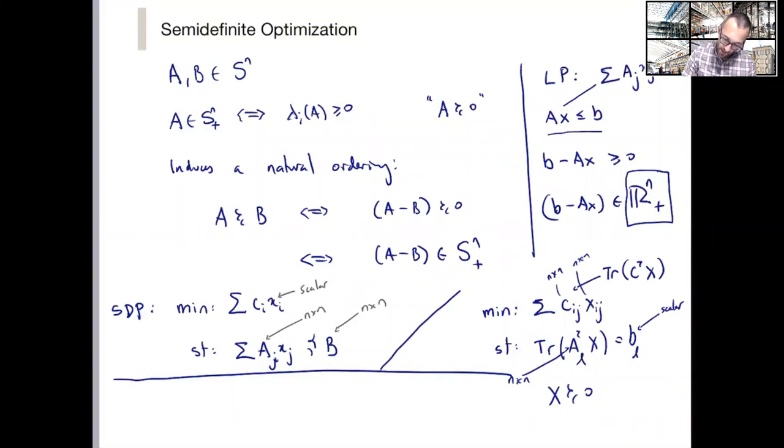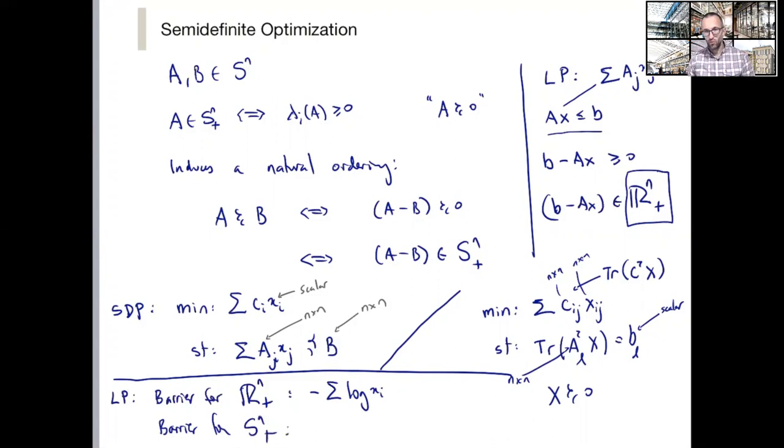And so again, for linear programming, our barrier for R^n_+, the positive orthant, was just minus the sum of log of x_i's. And similarly, now I need a barrier for the positive semi-definite cone, S^n_+.